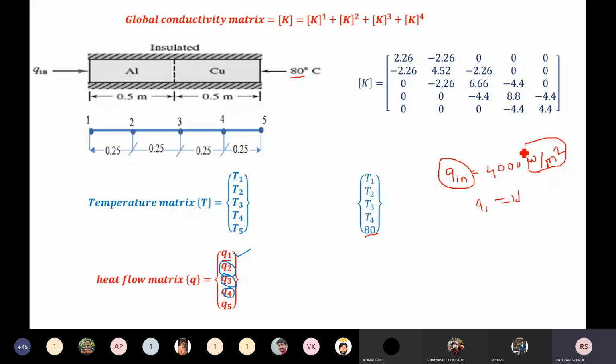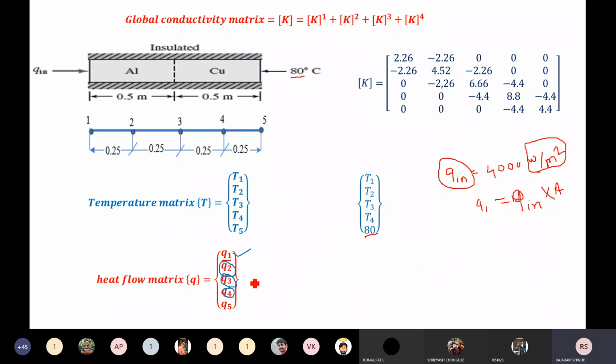Therefore, you have to multiply by area. Means your Q1 is Q in into area. I will write here Q in into area. Okay. Have you got it?